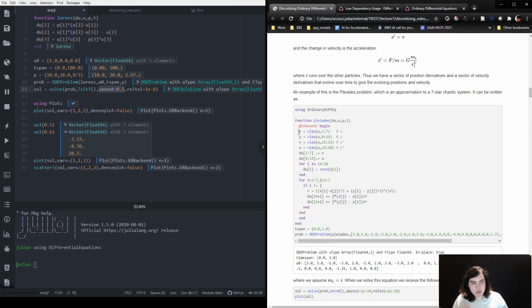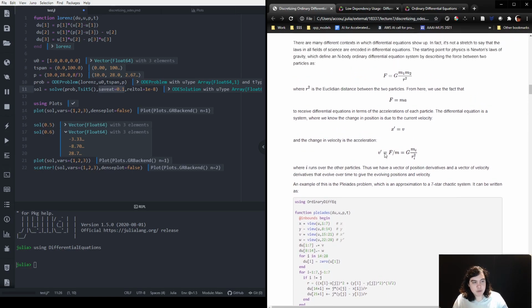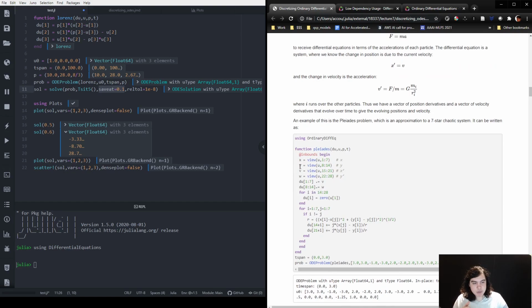If you have those three quantities for each star, then you can write down this equation where I'm going to make my vector of points. I'm going to look at this problem in 2 dimensions. So for each planet, I have an x, a y, an x prime, and a y prime. I'm going to make the first part of my vector be all the x's, and the second part be all the y's.